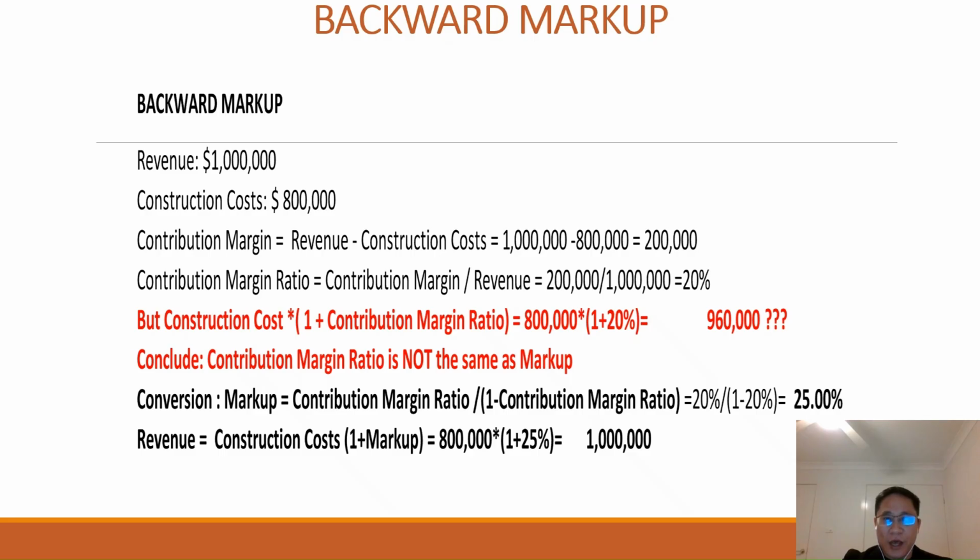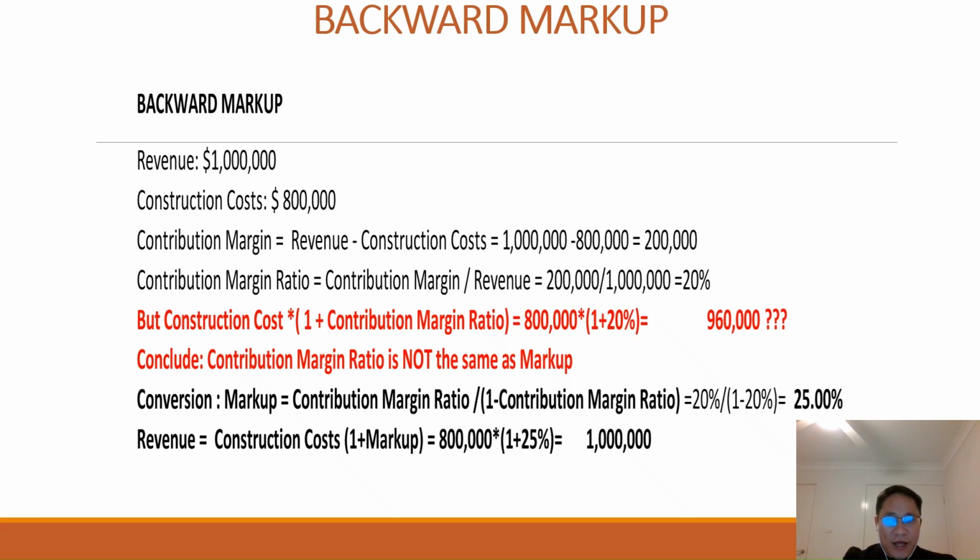Markup is equal to contribution margin ratio divided by the quantity 1 minus contribution margin ratio, that is 20% divided by 1 minus 20%, equal to 25%. That means a 20% contribution margin ratio is equal to a 25% markup.